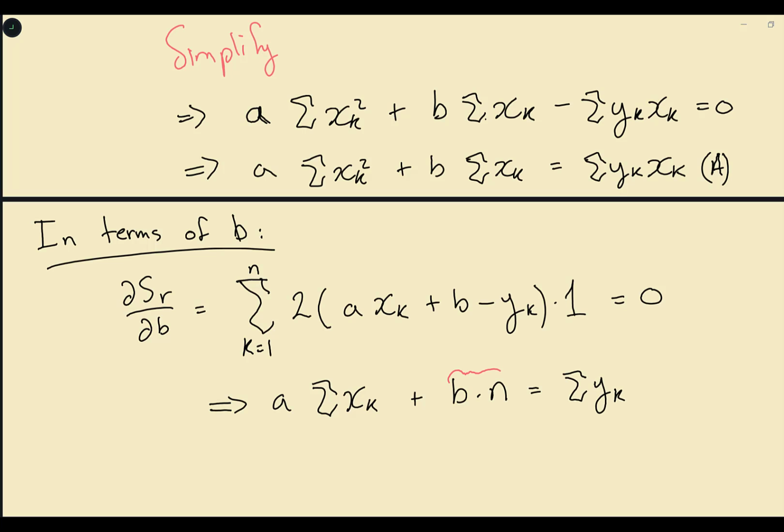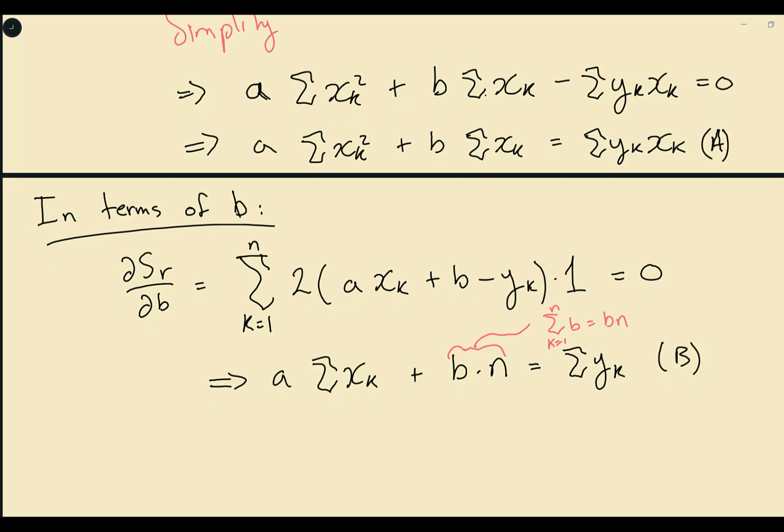And this b times n here basically comes from the sum of b, n times, which is n number of times, essentially, which is equal to b times n. So let's call this equation B.